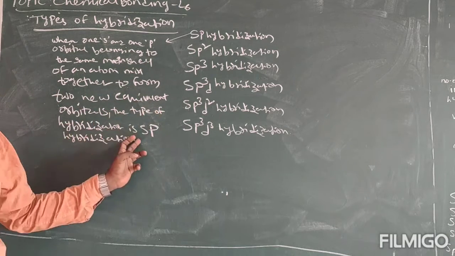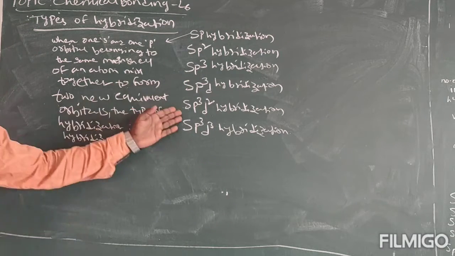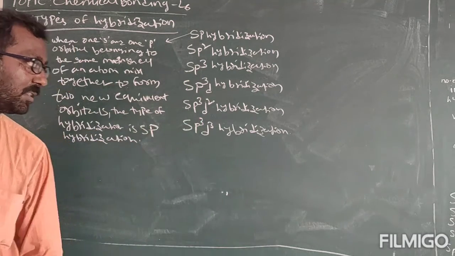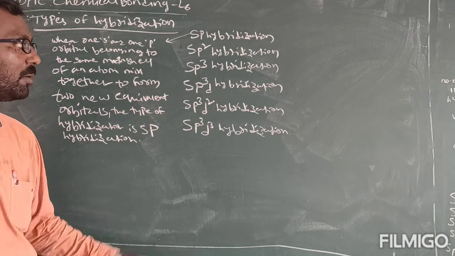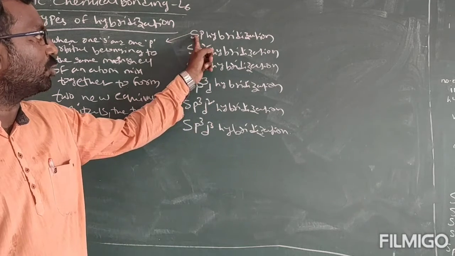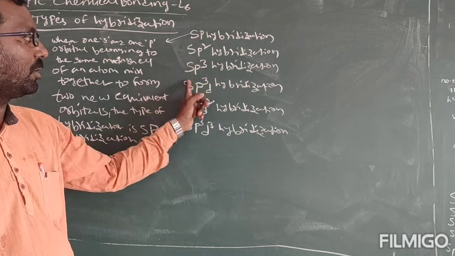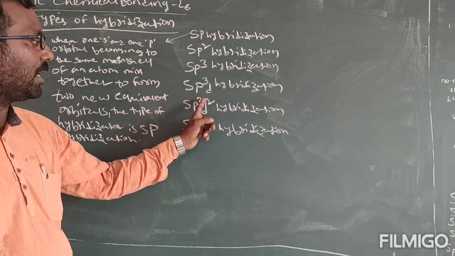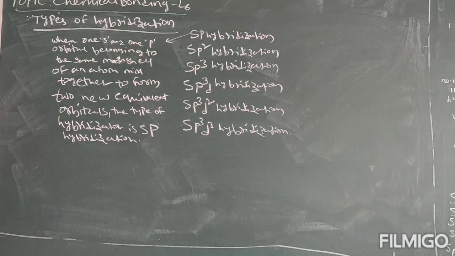The type of hybridization is sp3 hybridization. Like that, sp3d hybridization, sp3d2 hybridization, and sp3d3 hybridization. How many hybrid orbitals are you getting? Here 2, here 3, here 4, here 5, here 6, here 7. So that is the way you will be writing.